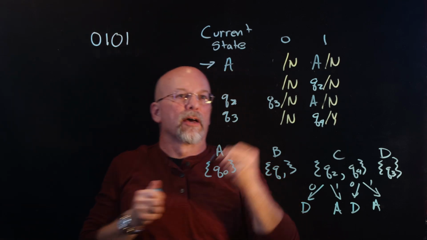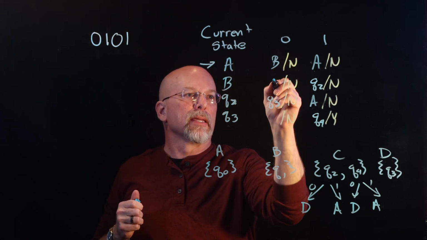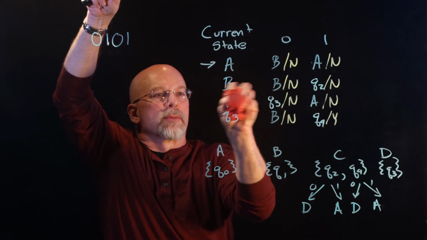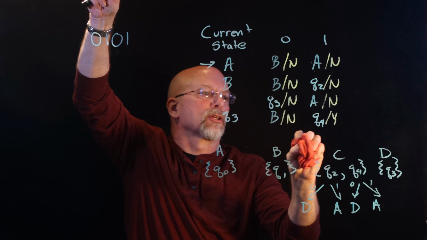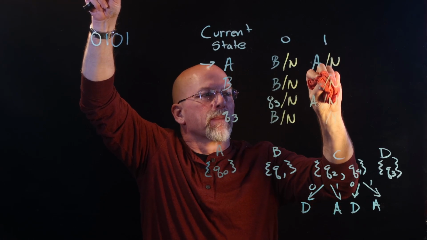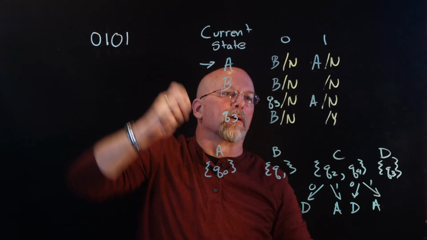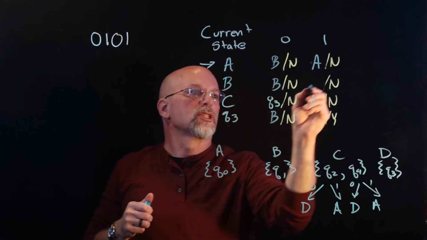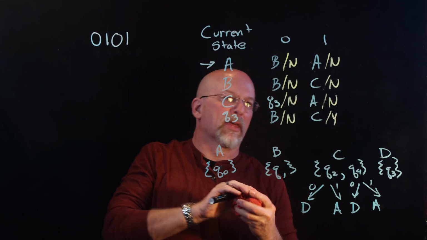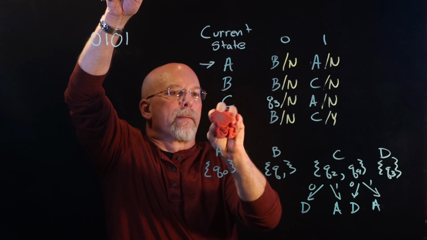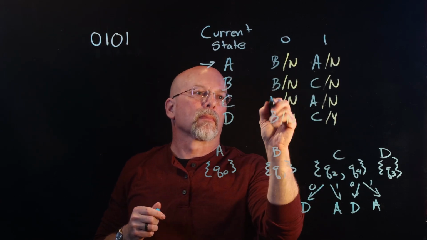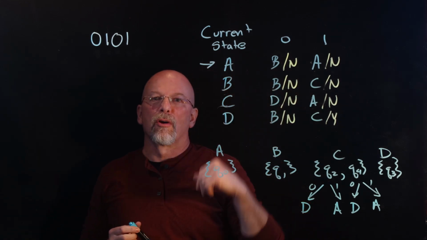All right, I don't see any others, so we've got B, B, B, B. All right, now Q2 or Q4, we're going to substitute C. So we got Q2 and Q4. All right, we're going to substitute C for that. And then Q3, that's where we're going to put D. All right, and there's our Mealy machine.